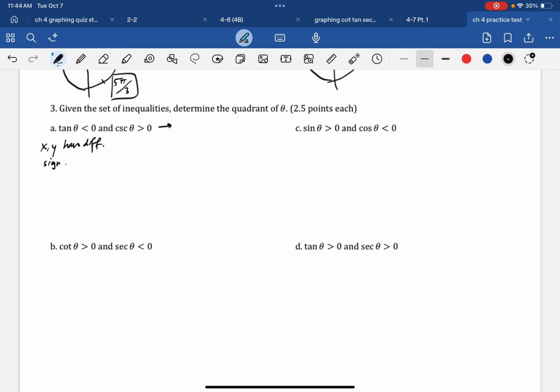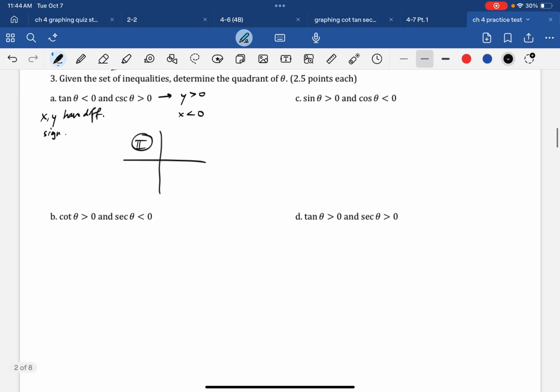But this second condition tells us that the sine is positive. So we conclude that cosine must be negative, or I can write this more clearly. If sine is positive, then y is positive, so x must be negative. So that puts us in quadrant 2, where y is positive and x is negative.